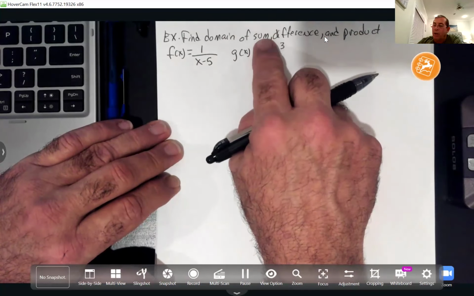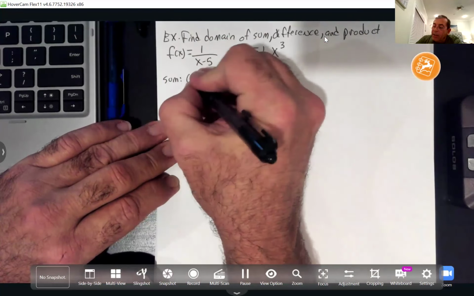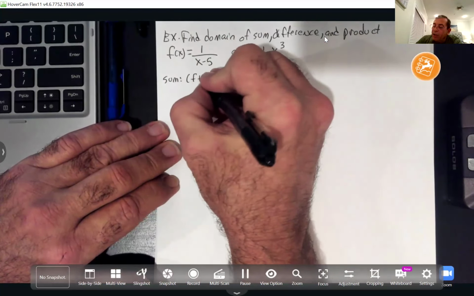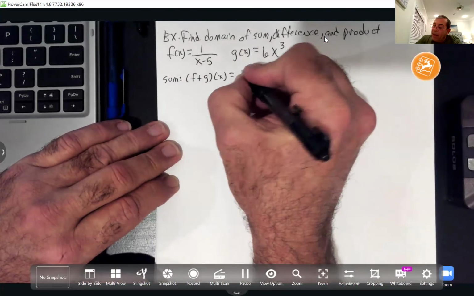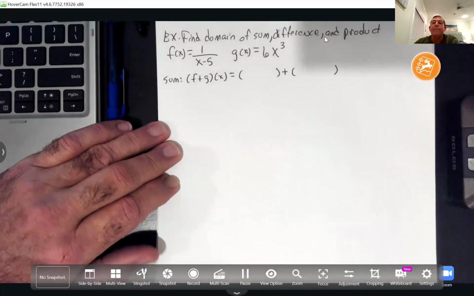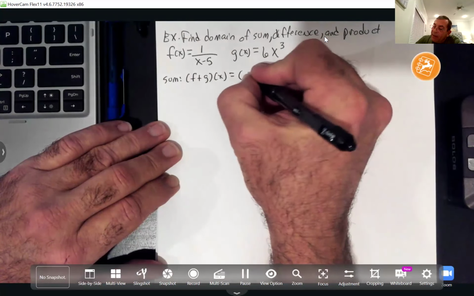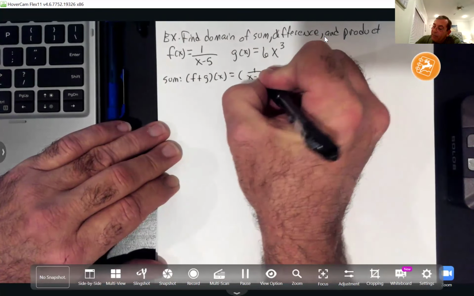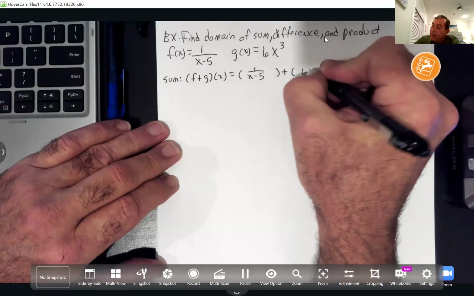Start with our sum. The sum is f plus g of x. That's going to equal my f plus my g. But f was 1 over x minus 5. G was 6x to the third.